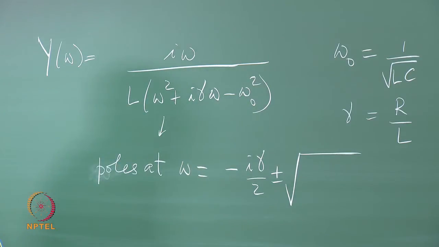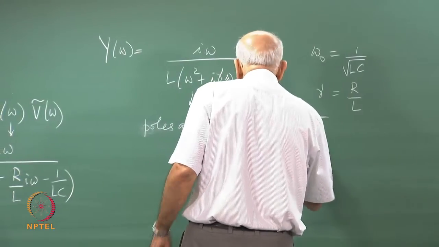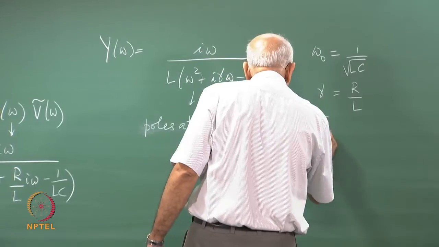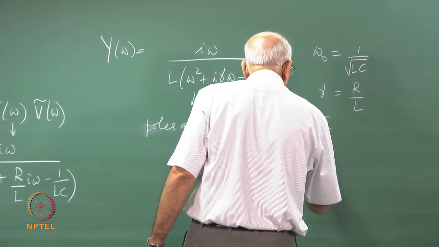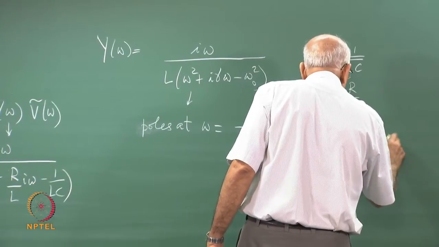So, let us look at the underdamped case, and this is going to become then omega naught squared. I took out the 4 in order to divide the 2 out. So, this is going to be minus gamma squared over 4, underdamped.